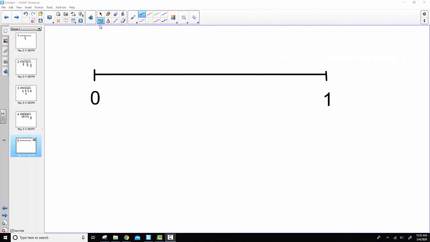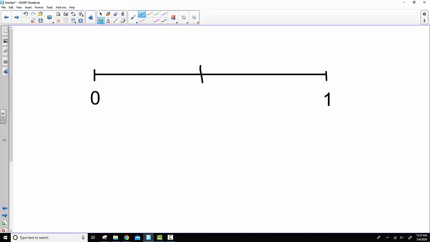Our final example for today. Let's add additional ticks to our number line. And again, as you know, our first job is to find out how many parts are on this line segment between 0 and 1. So let's begin by counting.